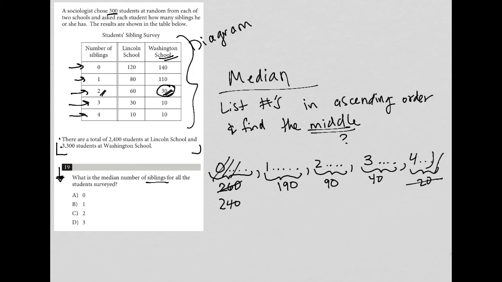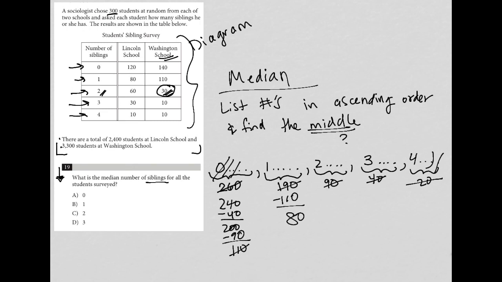And then I'd cross out all 40 of these 3s and cross out another 40 of the zeros, leaving me with 200. And then I'd cross out 90 of the 2s and another 90 of my zeros, leaving me with 110. And then I'd cross out 110 zeros with 110 ones, leaving me with 80 ones.